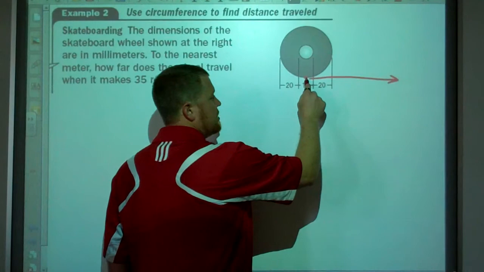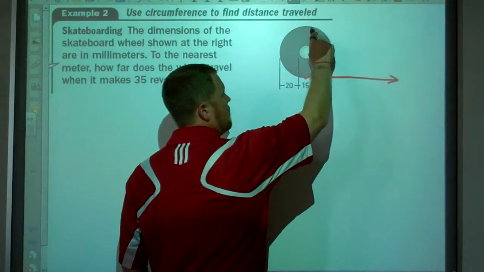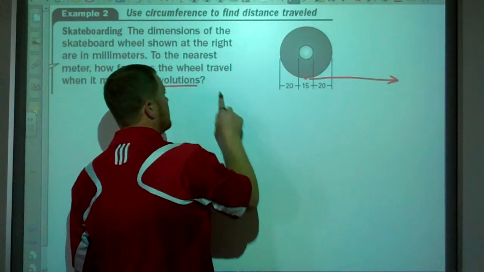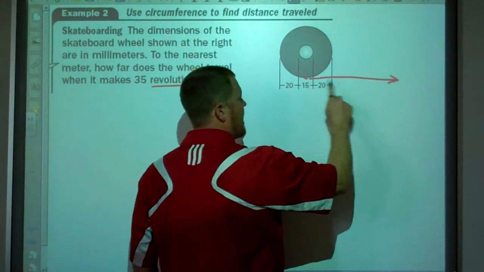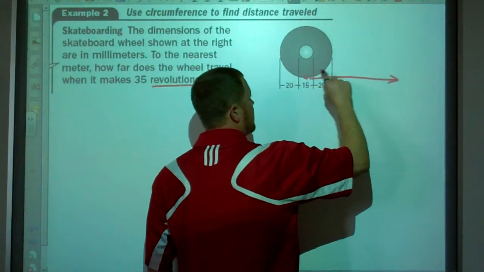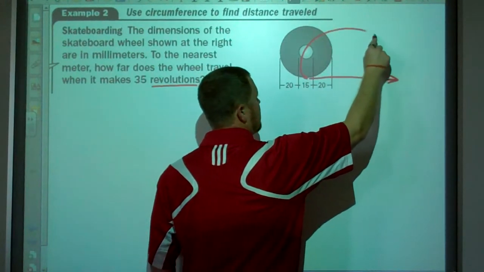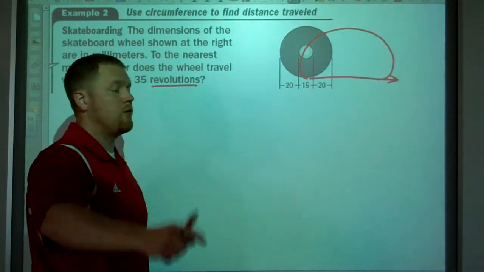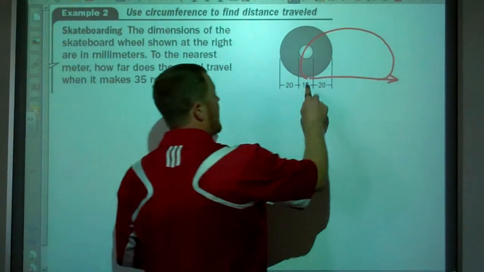This point that's touching slowly moves around that circle as the wheel is moving along. So a revolution would be, when does that point get back down to the bottom again, when you're rolling that wheel? That would be a revolution.